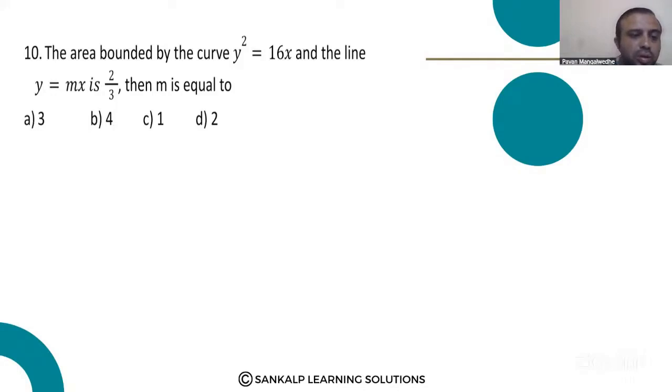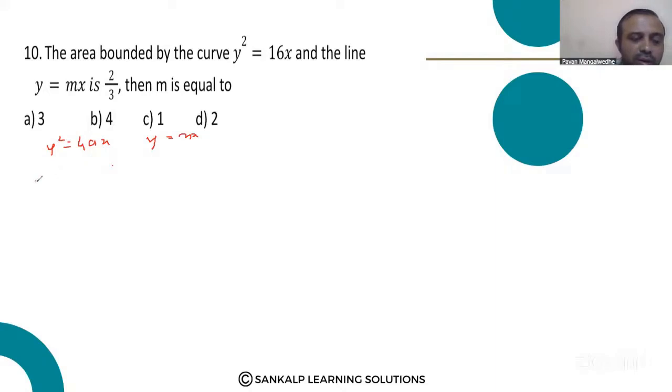So all of you know that the area bounded by a standard parabola is of the form y square is equal to 4ax, and the line passing through the vertex of the parabola is y is equal to mx.